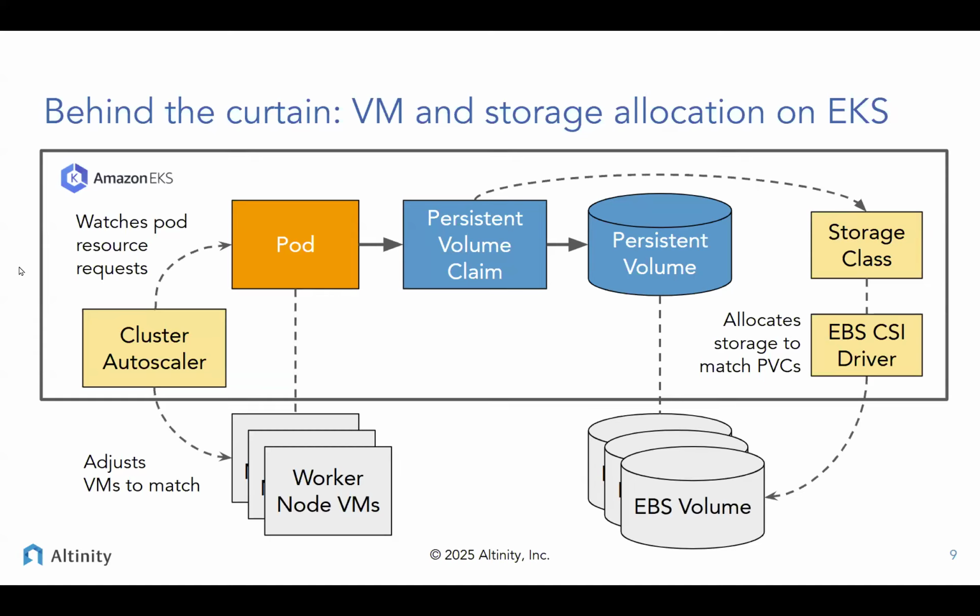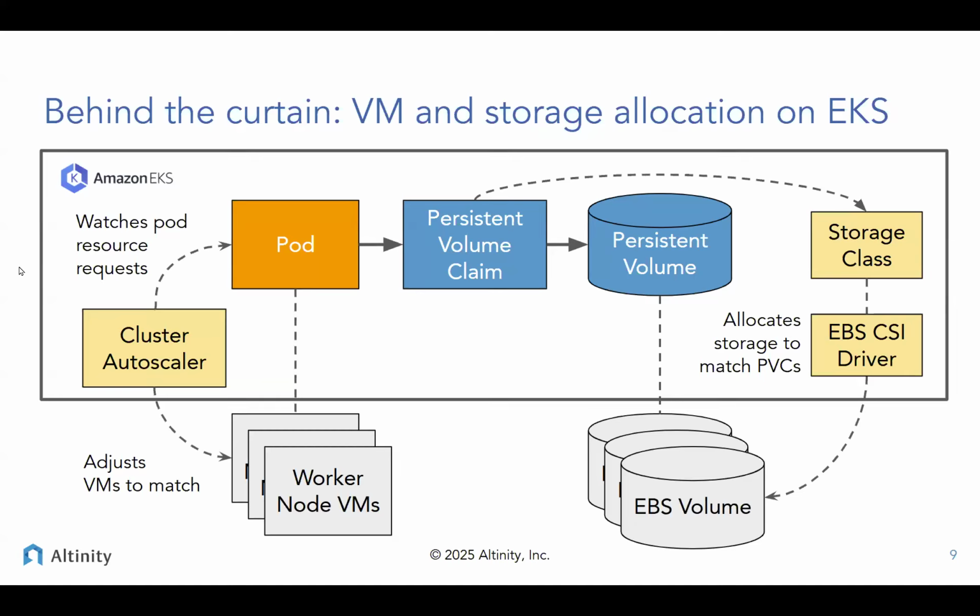I won't go into the details of this, but if you're running ClickHouse by yourself, you definitely want to understand things like cluster autoscalers. You want to understand CSI drivers, which help you allocate storage. And one thing that's common across all of these mechanisms, including network integration, is you have to understand the underlying permissions model.